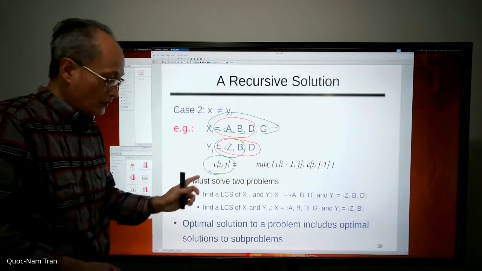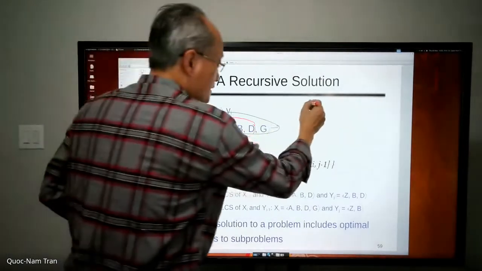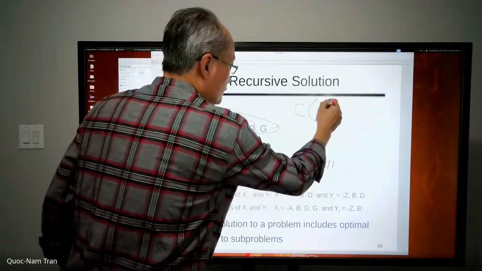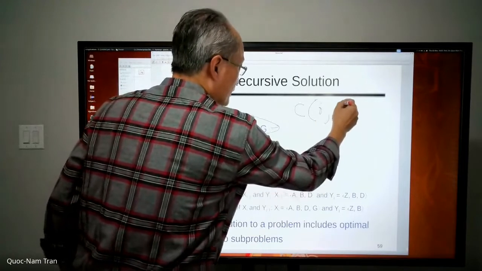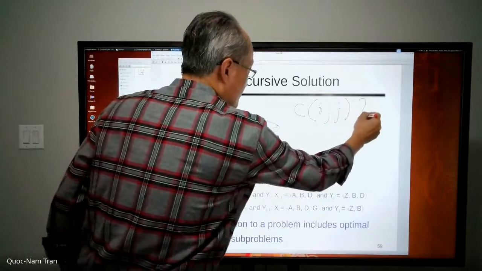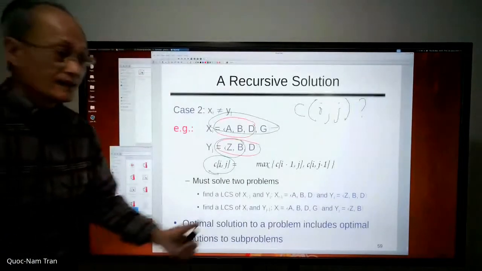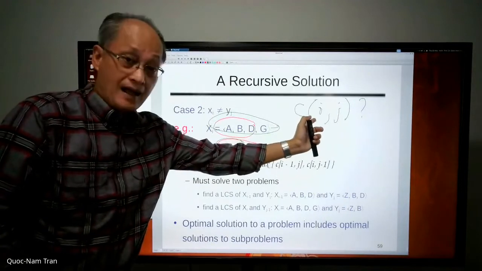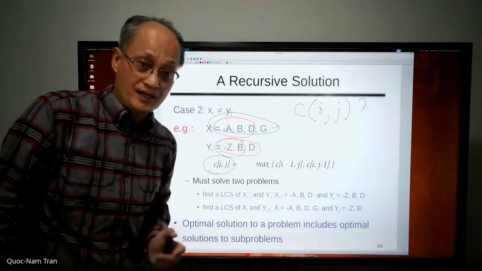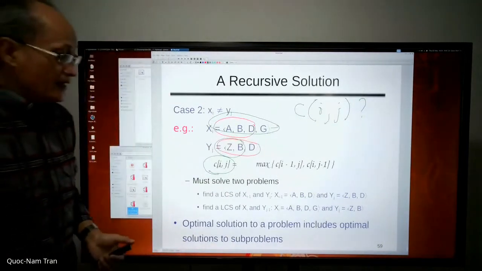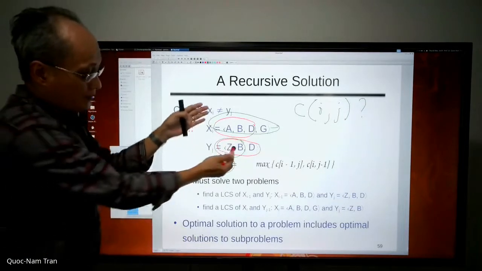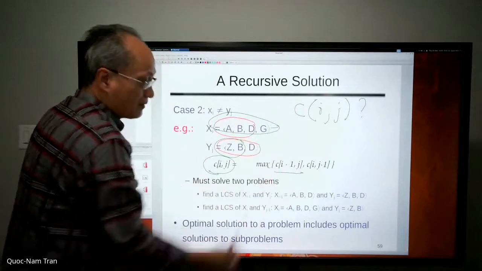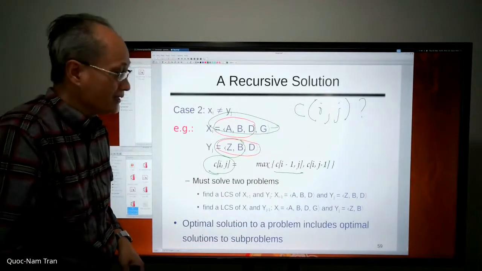But in fact, we can say that this one is a function C that has two parameters, i and j, right? So we need to calculate the cost for xi and yj.